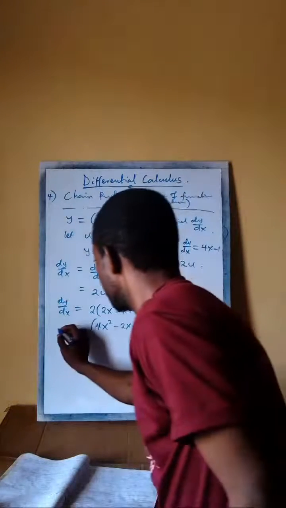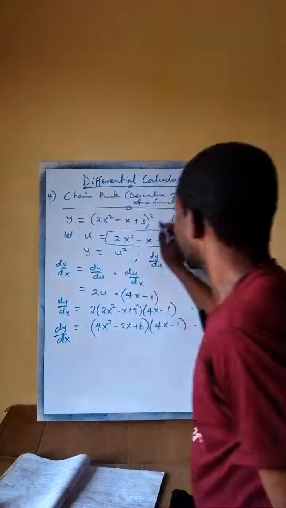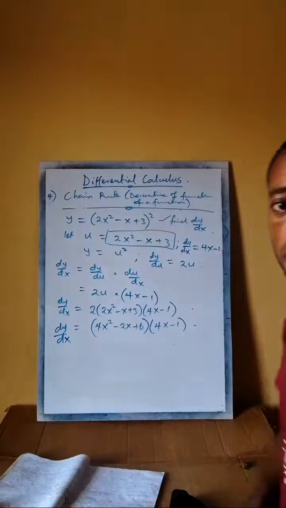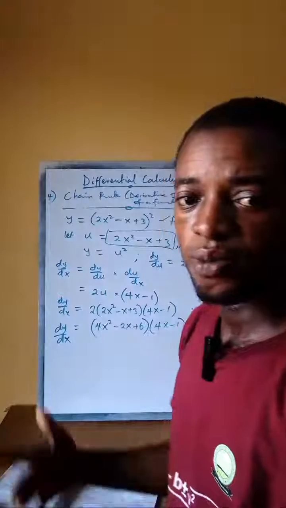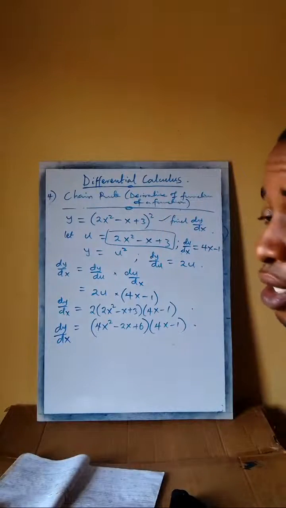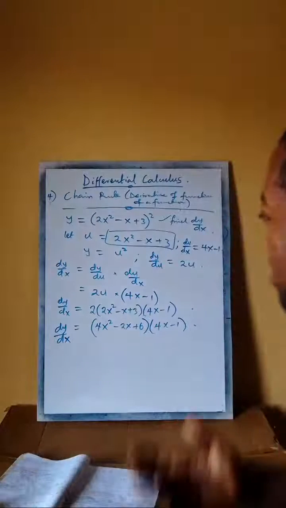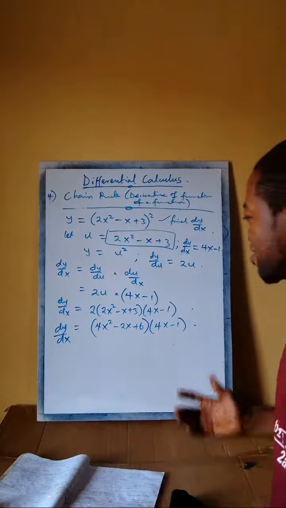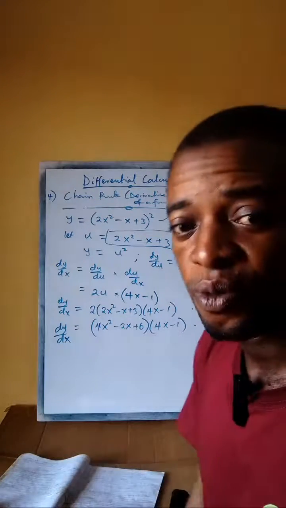So this is the derivative of y with respect to x using the chain rule. We can as well solve more of this particular problem, and in order not to make it boring, let's stop here in this class and we'll continue tomorrow.